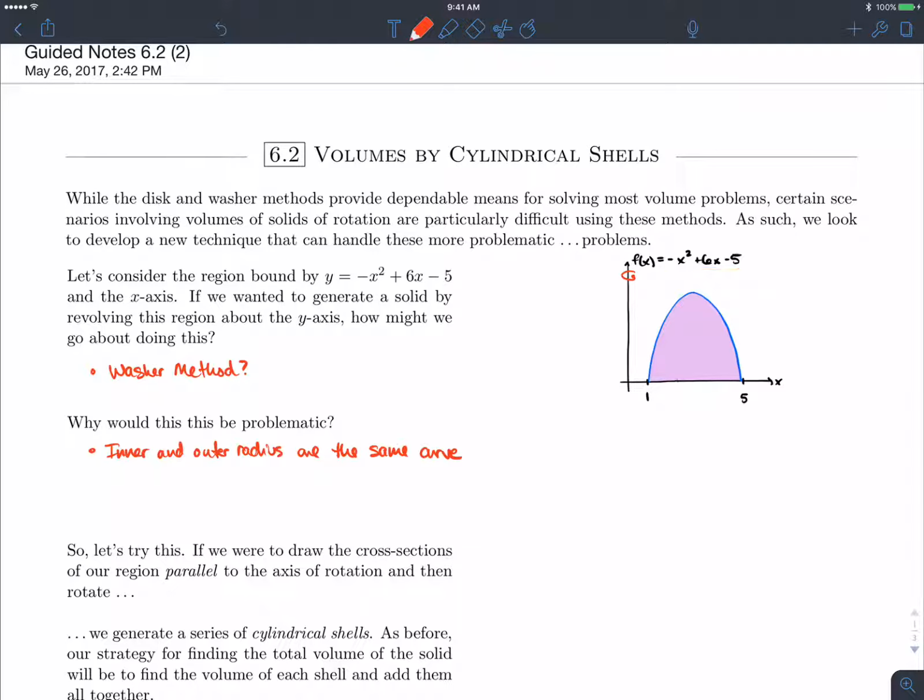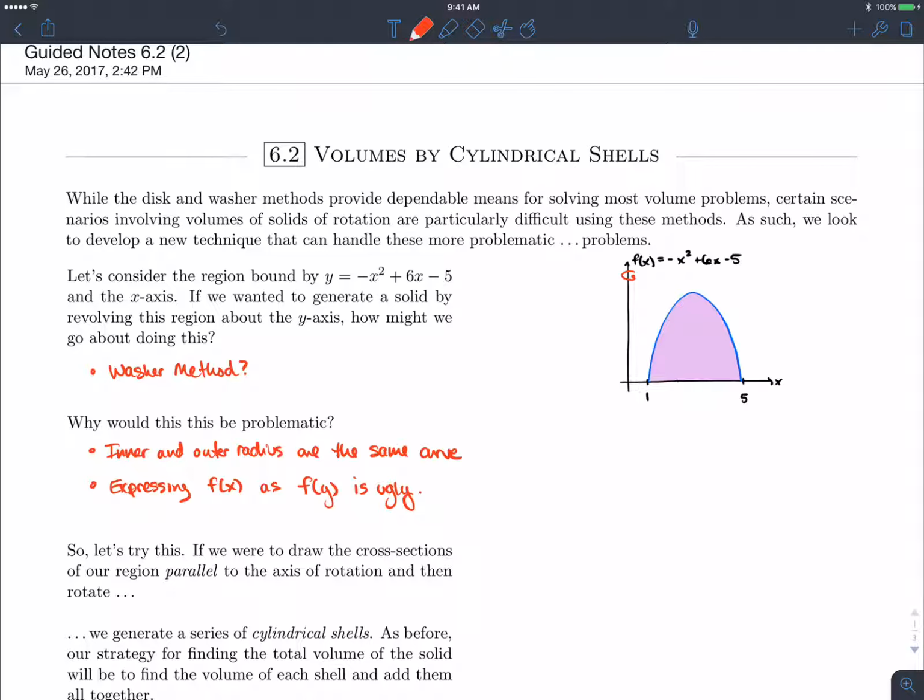So that's another really unfortunate side effect of trying to do a washer method here: expressing f of x as a function of y is, let's just call it, ugly. It'd be a really unpleasant thing to do.